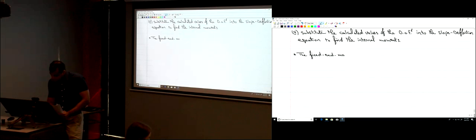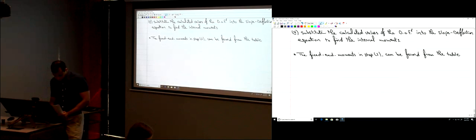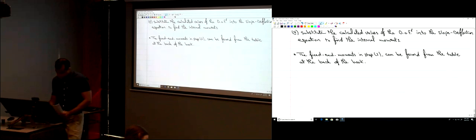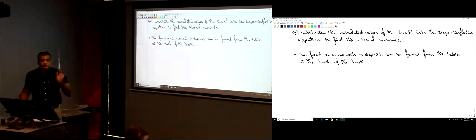So the fixed end moments in step 2 can be found from the table at the back of the book. So those are the steps of the slope deflection method.